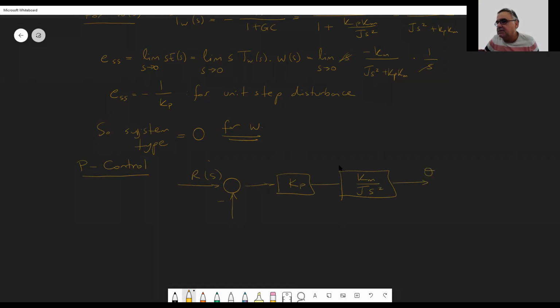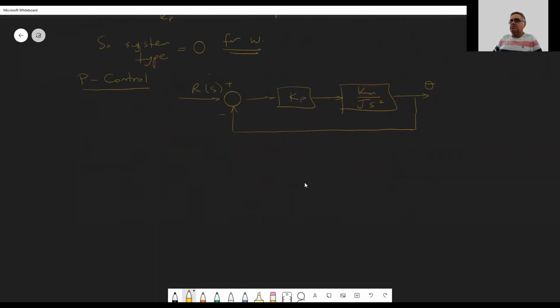This is theta, and this is the feedback, okay? So P control, and we are looking at the command following. You want it to rotate a certain amount, and the system rotates that amount.